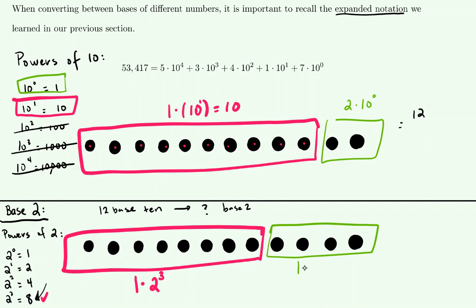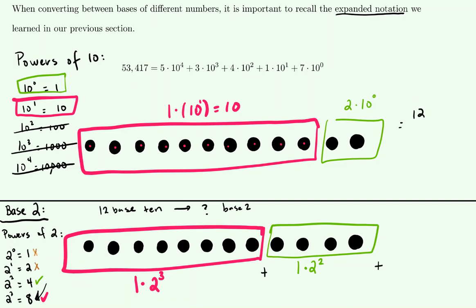This is one of the groupings of 4, or 1 times 2 squared. And if we add these together, that accounts for everything, but we've got to account for the fact that there is no representations for the 2 to the first, and no representations for 2 to the 0.